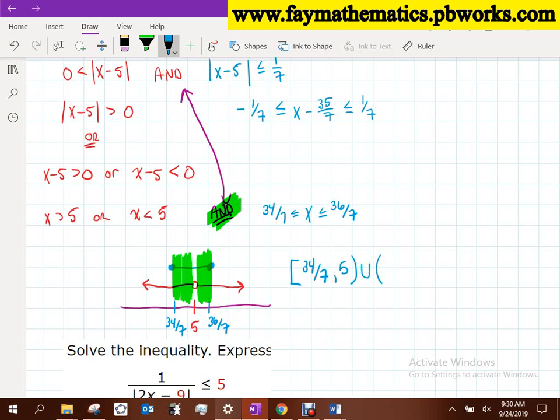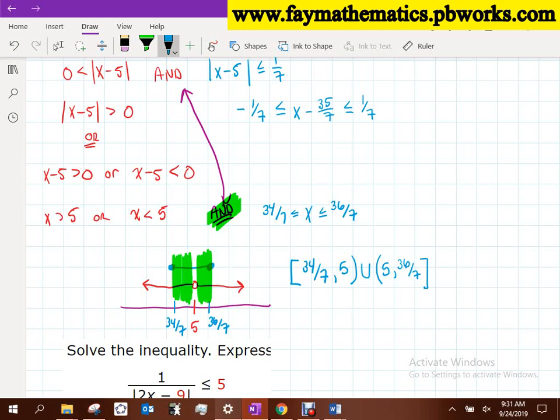We jump over 5, and we go to 36 sevenths, and we close off 36 sevenths.